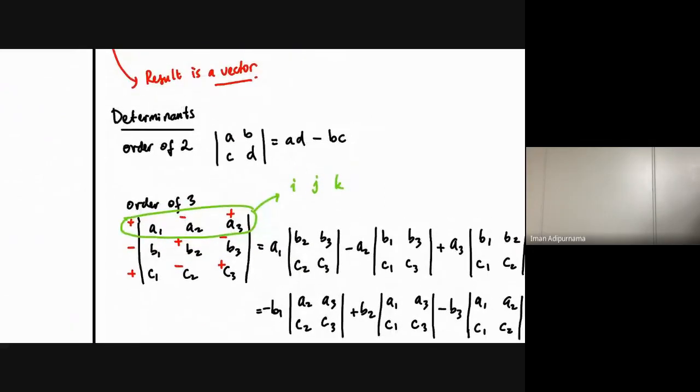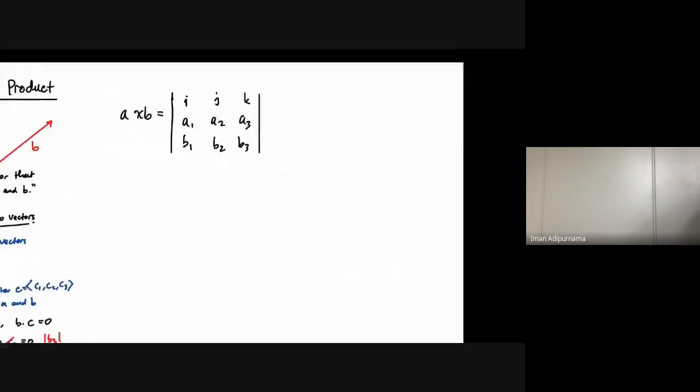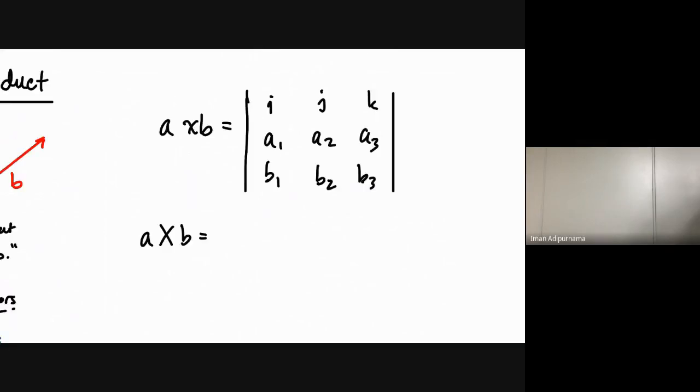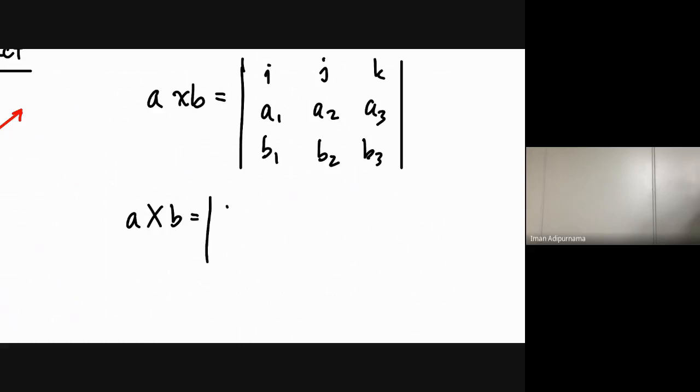So in terms of the cross product that we will go into more detail, you can exchange the top row of this order of three with the I, J, K. So you can write as this form here, or I can write in terms of expansion.